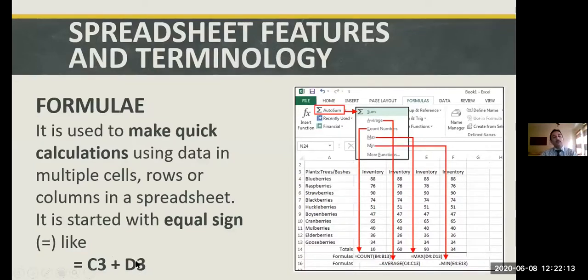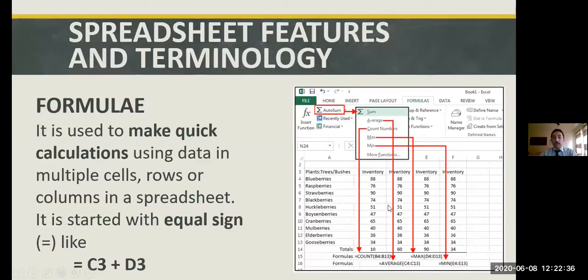If you type it, you cannot change your result. If you insert your cell names here, for example, C3 plus D3, even if you change the numbers inside these cells, it will change your result, okay?